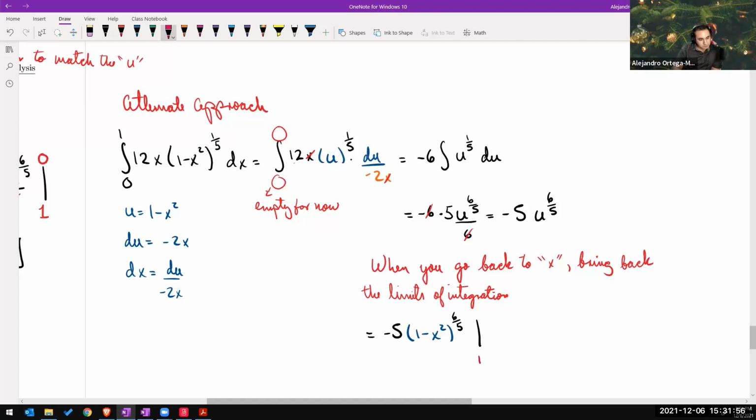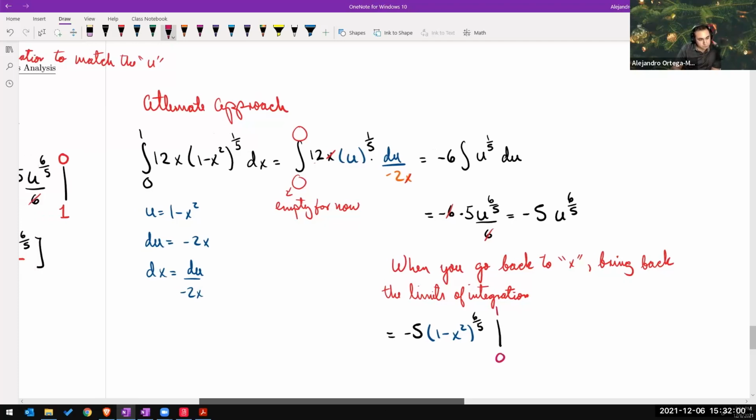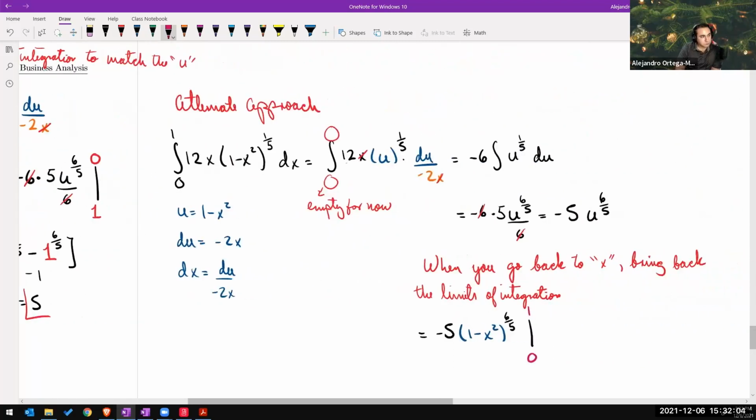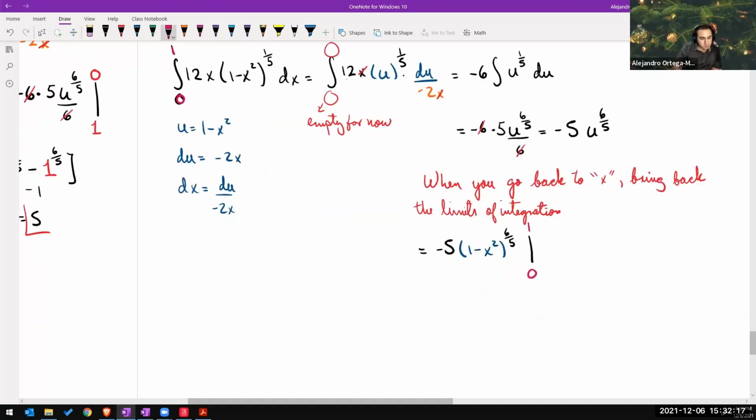Yeah, 1 and 0. No, 0 and 1. So again, guys, only after you perform the antiderivative and we go back to the x's, that's when you include the bounds. Will our answers be different?